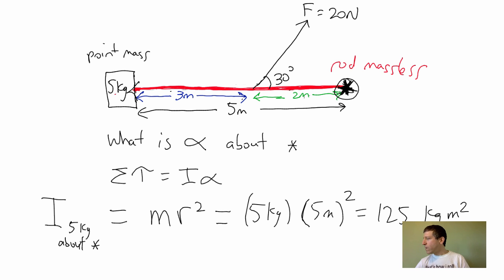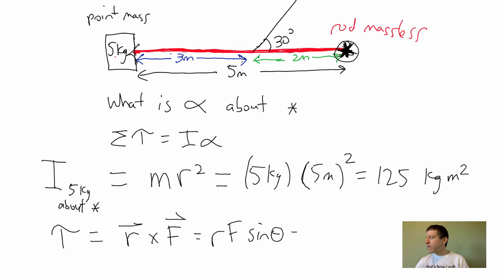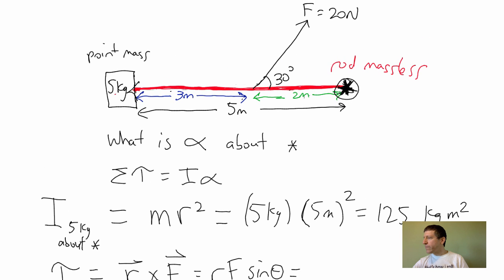Okay, let's keep going. What is the torque that's applied? Well, our definition of that is R cross F, or the magnitude of it is RF sine theta. So what is R in this situation? It's a different R, which is why you need to know the rhyme.